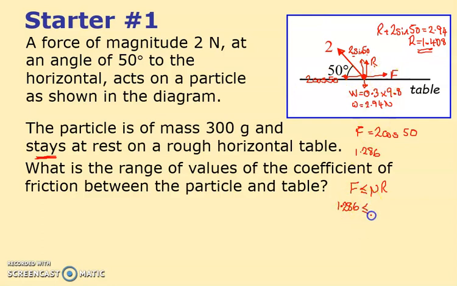But that's got to be less than mu times my R, which was 1.408. So if I move that around, mu is greater than or equal to 1.286 divided by 1.408. What is that? A little bit more than 0.9, 0.913. So I reckon mu is greater than or equal to 0.913.